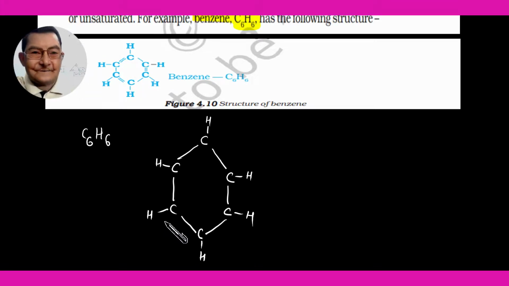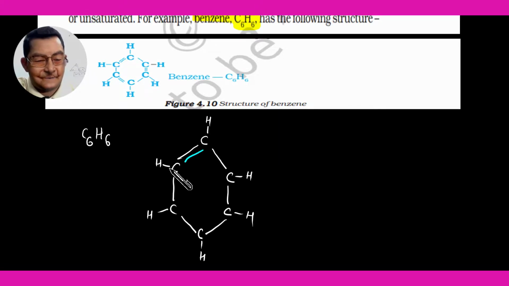Okay, but now you see, if you look at this particular carbon, only 3 bonds are completed, so 1 valence is left. And for this carbon also only 3 are over, so all of them have 1 valence left. So how do you complete that? Listen carefully. See here, I put a double bond over here. So now this carbon is happy because it's got 4 bonds.